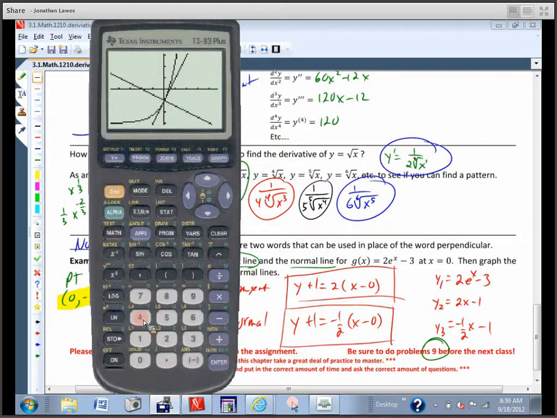Right? And I'm going to hit zoom 4. I'm going to hit the decimal window just because that's a nice square window. Hopefully things look like they're perpendicular. Okay, there's the original graph. That looks pretty good. There's the tangent line, and here comes the normal line. And that sure looks like it's a right angle. Okay? Any questions?